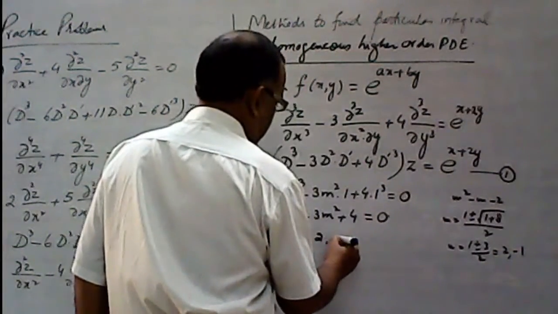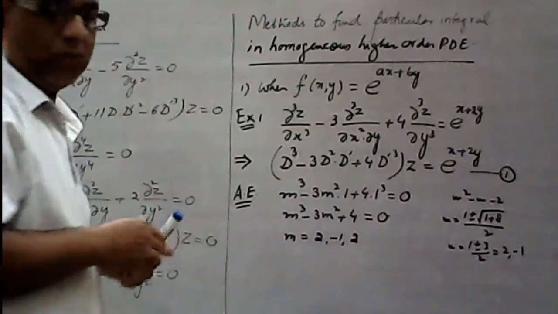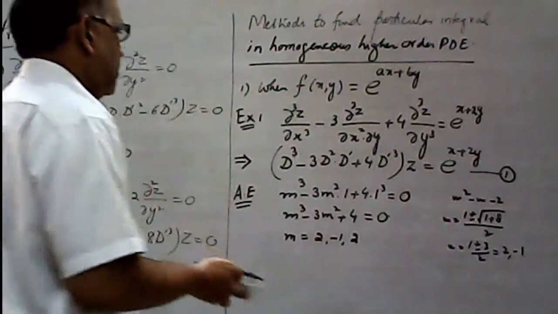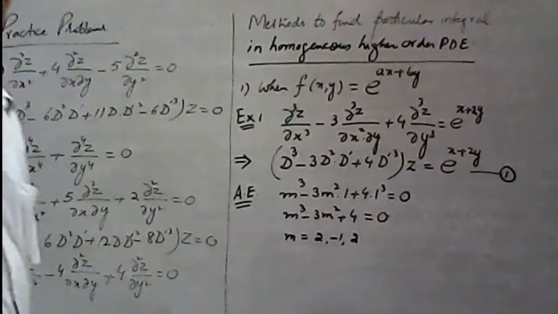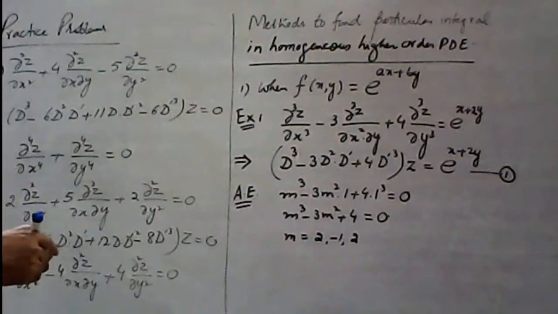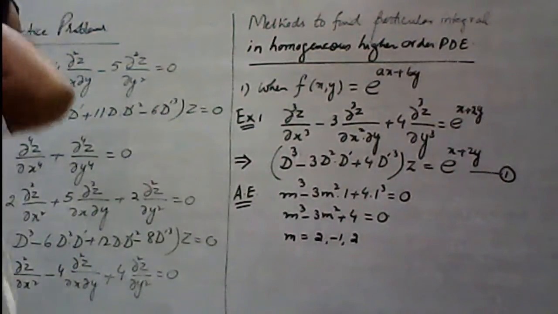Yes, one root will be minus 1 and 2. So these are the roots. 2 is the repeated root and minus 1 is also a root. Means minus 1, 2 and 2 are the roots of this equation.